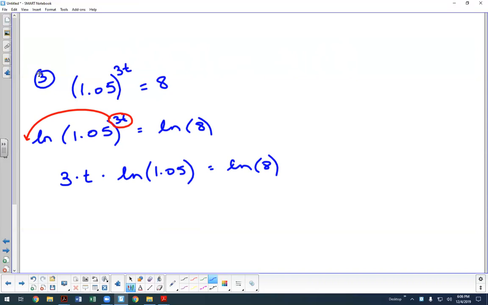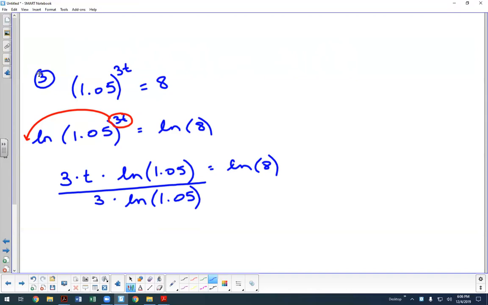Now we're trying to get t by itself, so what should we do? Divide by natural log. So basically get rid of everything else but t, right? So divide by the natural log of 1.05, but at the same time, I'm also bringing the 3 down with it.